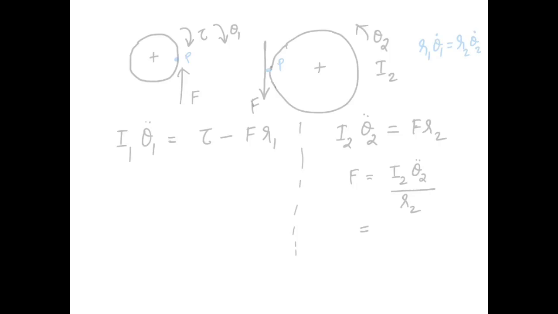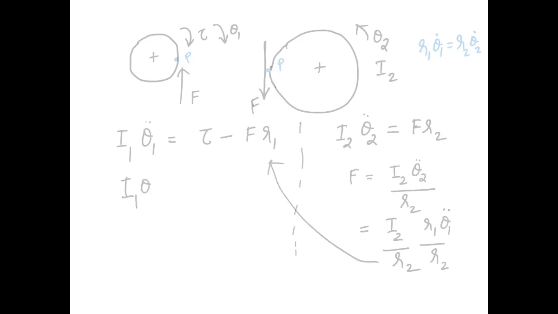If you plug this in here, F becomes I2 R1 theta 1 double dot divided by R2. Now we have a definite expression for F. Plug it into the first equation.